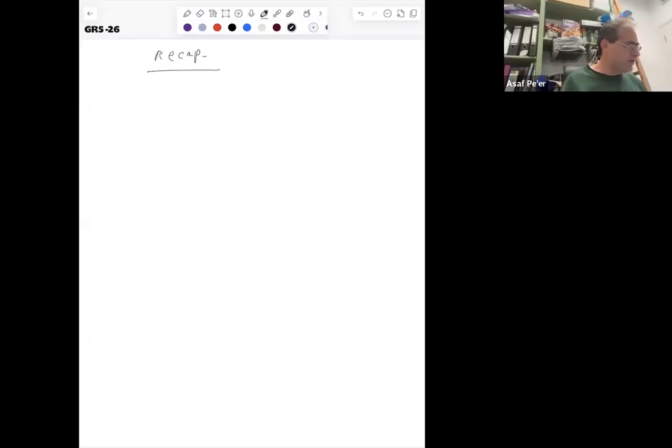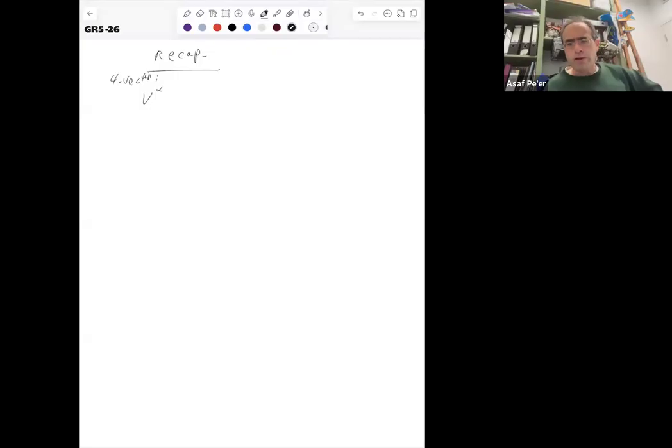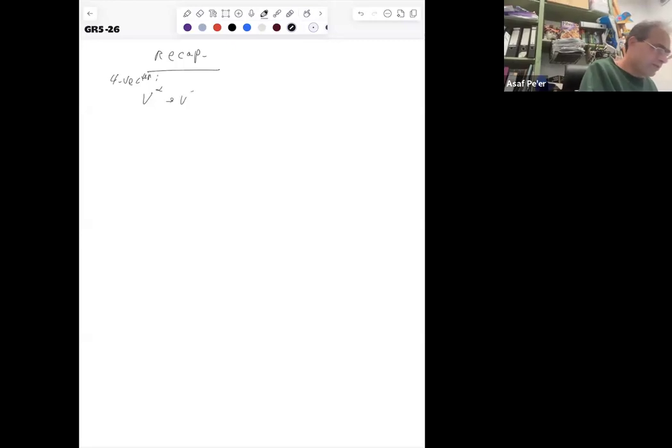So first we defined a four vector V alpha as any quantity whose components transform like V alpha goes to V alpha prime, which is lambda alpha prime beta, V beta.